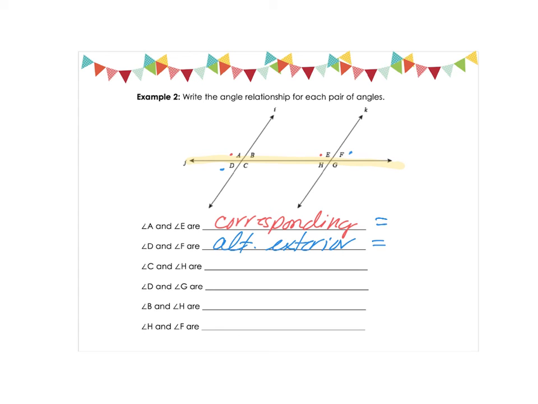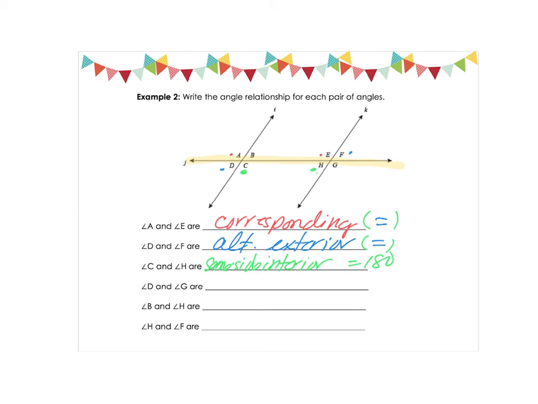C and H, so let's look at C and H. They're my inside angles, so I know that they're interior, right? But are they equal? They don't look equal, because they're not on opposite sides, so these are same side interior angles, which means that they equal 180.